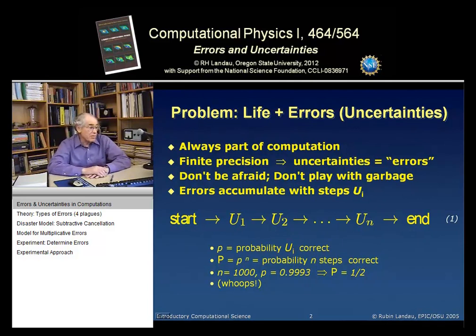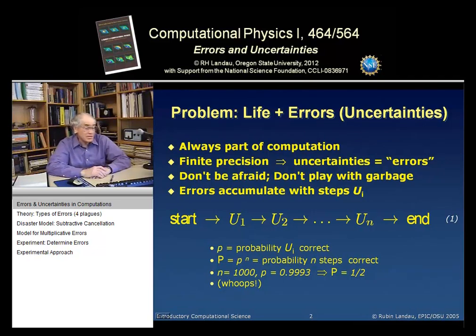Well, if the individual probability p for any one step being correct is small p, then the joint probability of all N steps being correct is just p raised to the power N. As an example, if we have 1,000 steps, which is not a lot for a calculation. After all, the computer moves along at millions, if not thousands of millions of steps per second, so 1,000 steps is not very much.